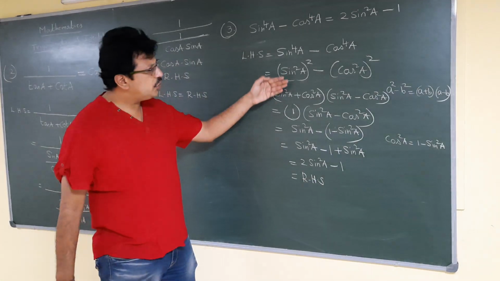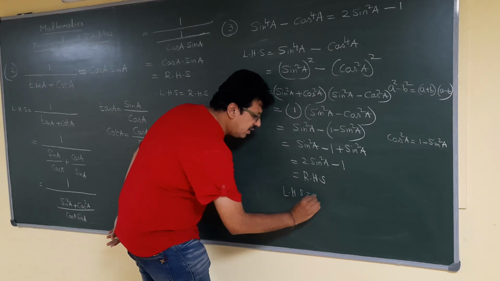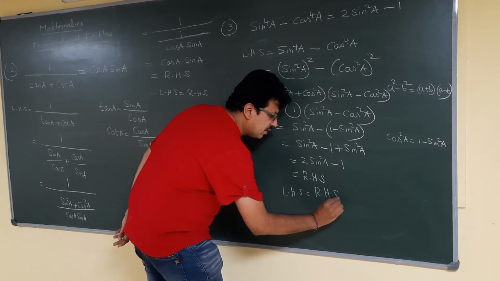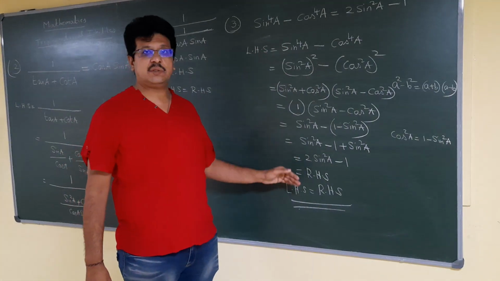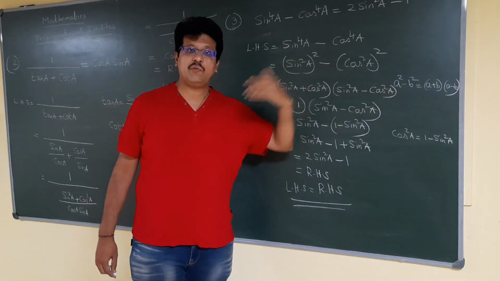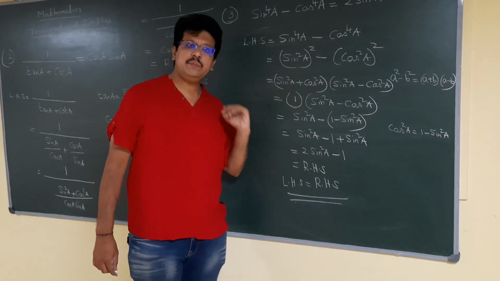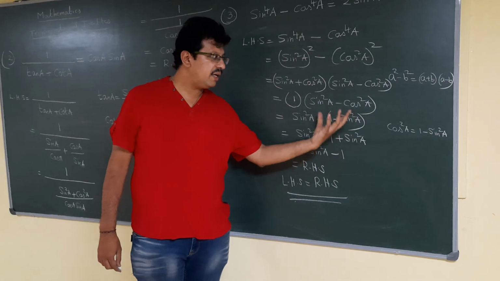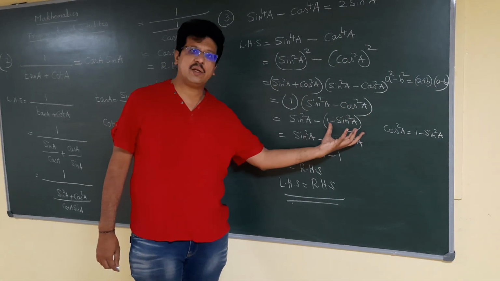So it's so easy to prove the sum: LHS is equal to RHS. Hence we have proved it with simple steps by using the a square minus b square formula, then sin square A plus cos square A as 1, and then the third identity, cos square is 1 minus sin square.